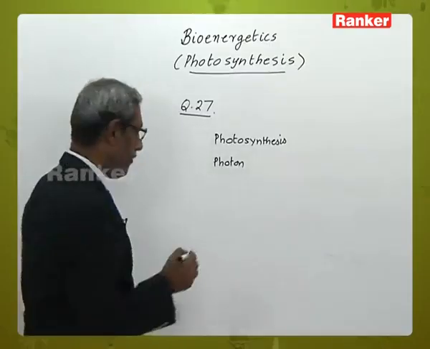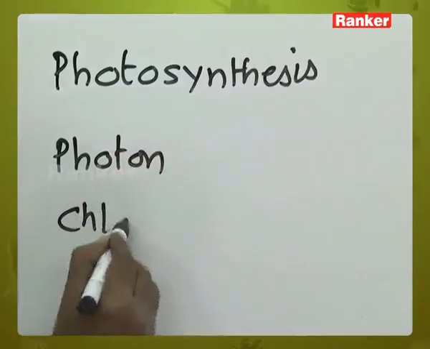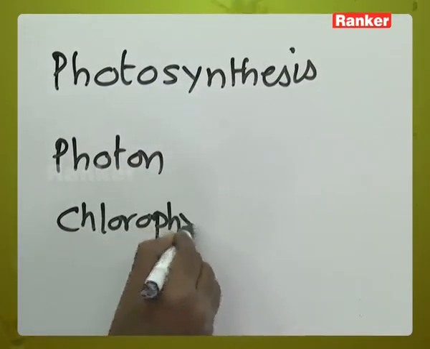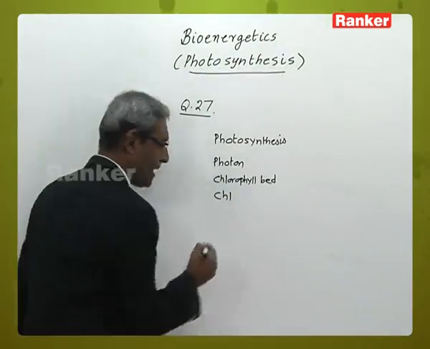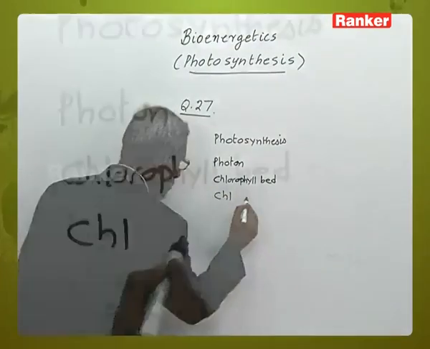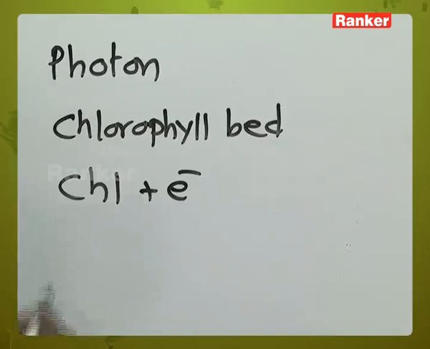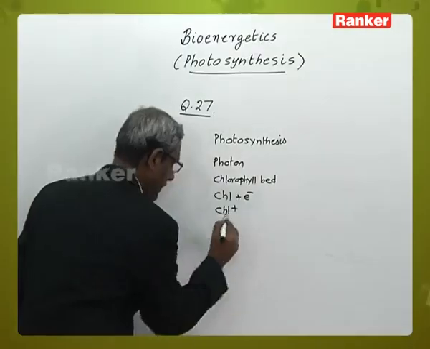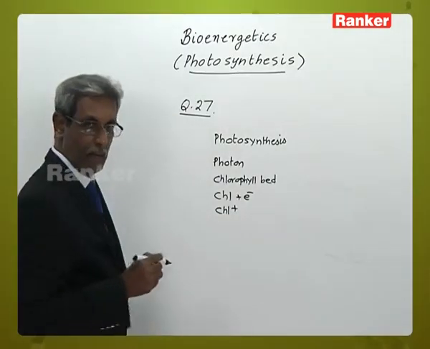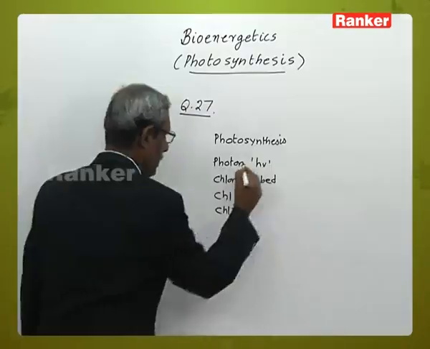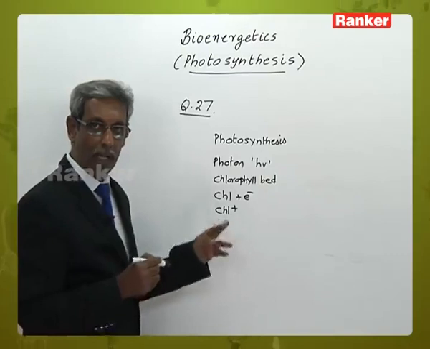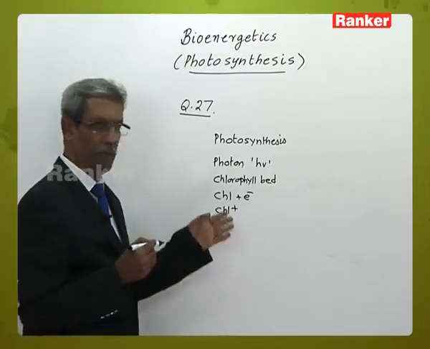When a photon of light hits a chlorophyll bed, the chlorophyll molecules get excited and lose an electron, and when they lose an electron, they have a charge. So, when they have a charge in the presence of a photon of light, this forms the first step, or the light reactions are the first step in photosynthesis.